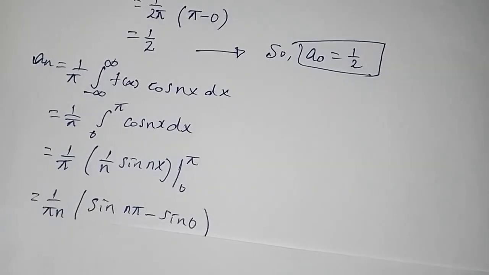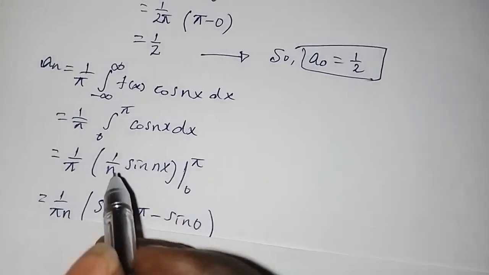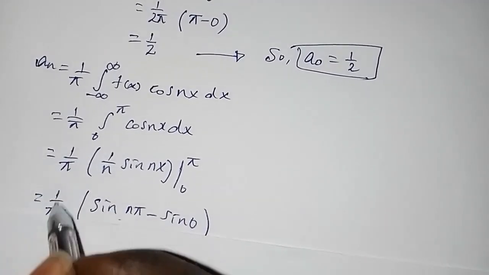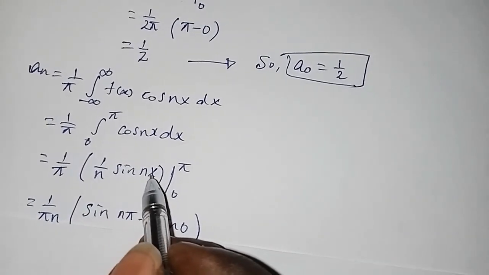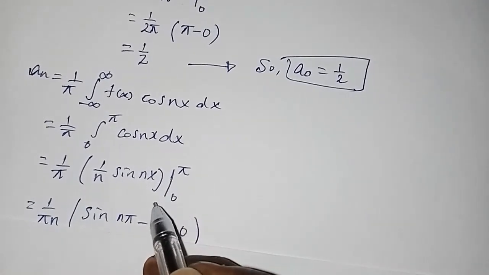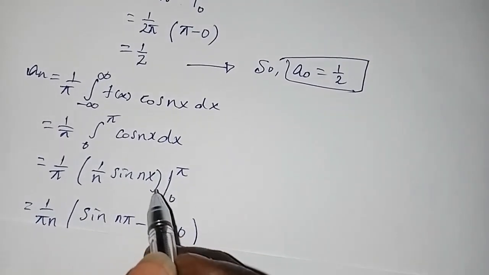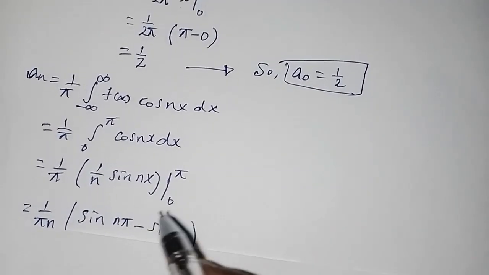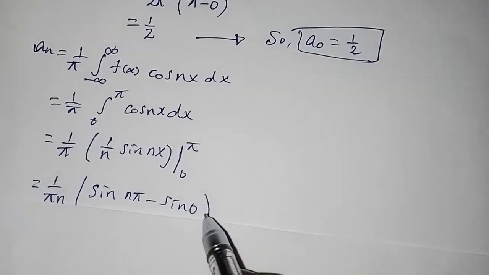Then finally you get 1 over n pi times sine of nx. Substituting pi and minus 0, we get sine of n pi minus sine 0.